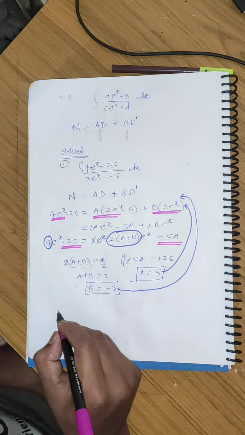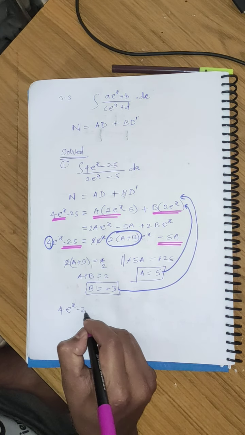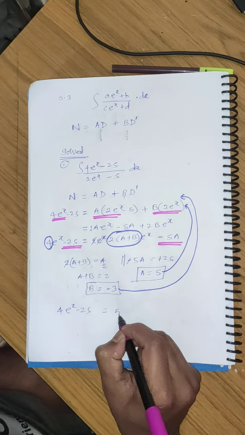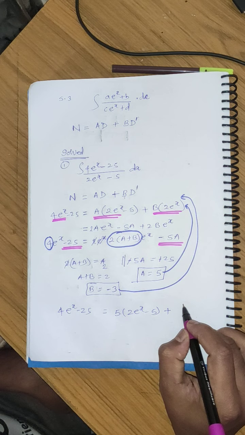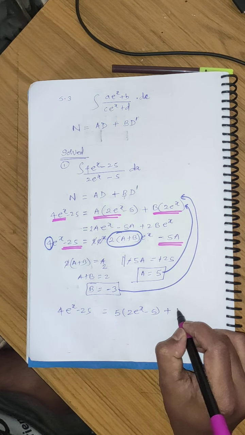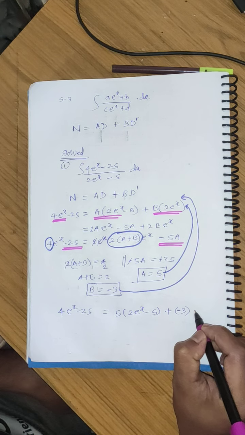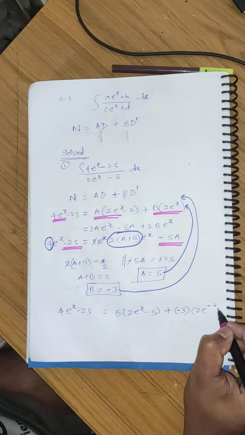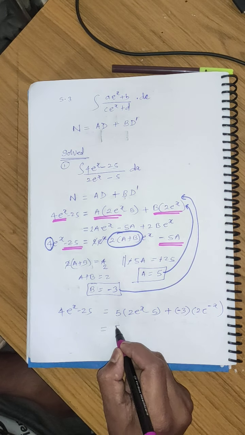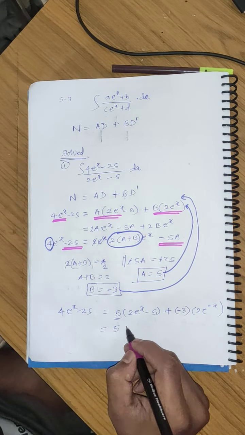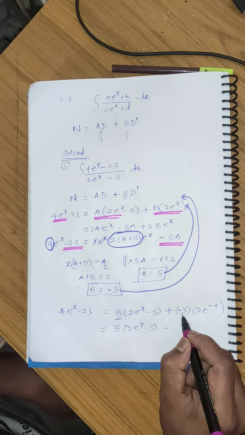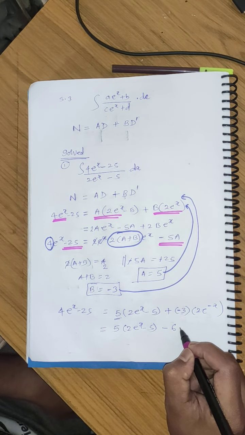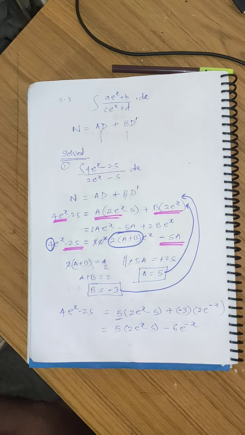That will make 4 e raised to x minus 25 equal to 5 times (2 e raised to x minus 5) plus b, which is minus 3, times 2 e raised to x. After simplifying, I'll keep this as it is, but simplify the minus: they get multiplied to become 6.